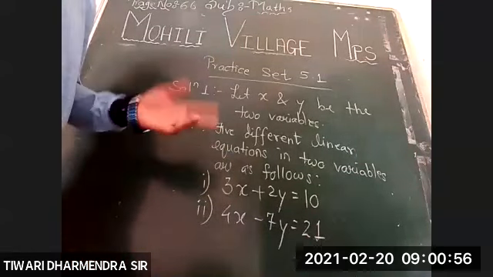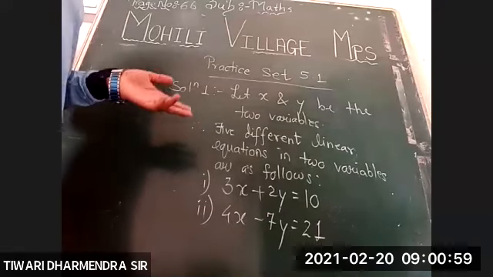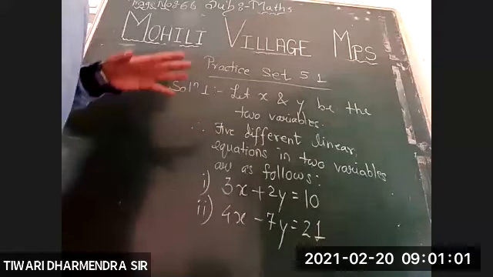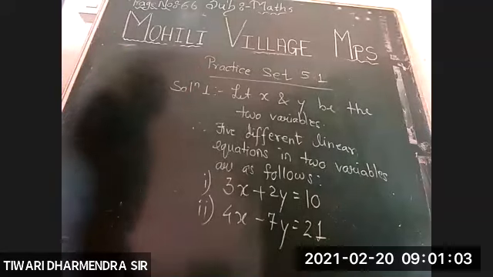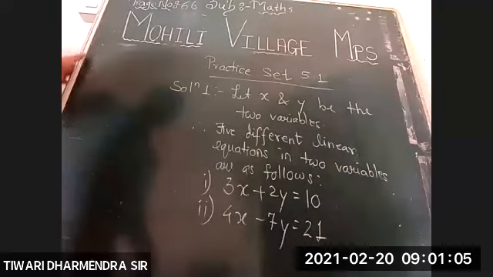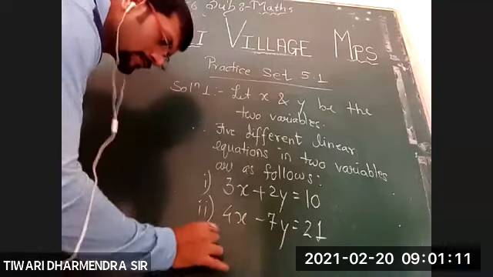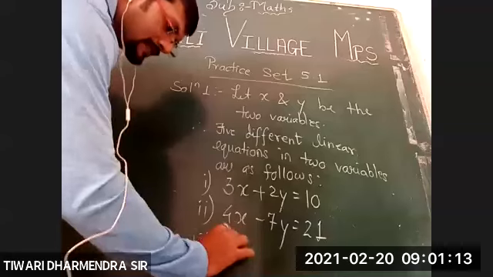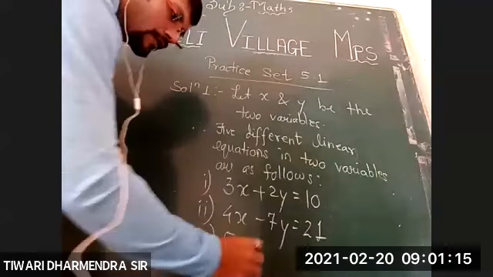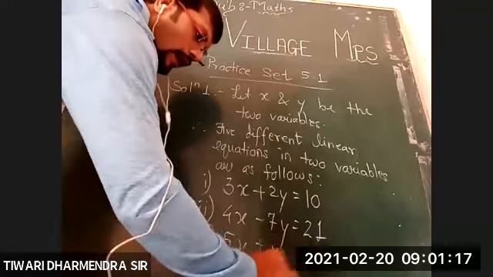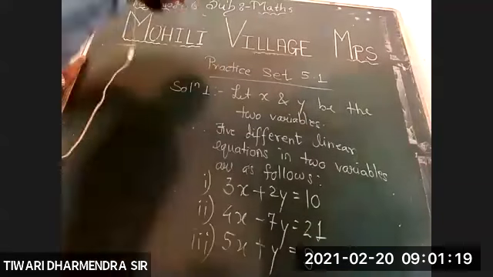As we are writing more than one, we'll be calling it a system. If we are writing only one, just write linear equation in two variable. And if we are writing more than one, you can write equations. Next, you can write 5x plus y is equal to 9.